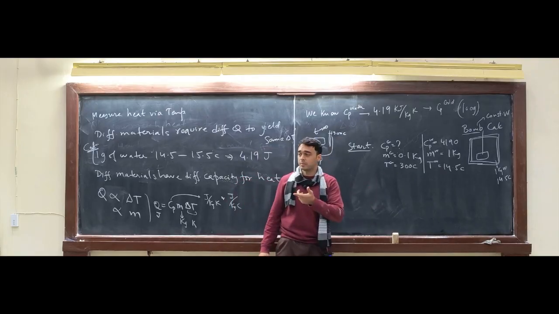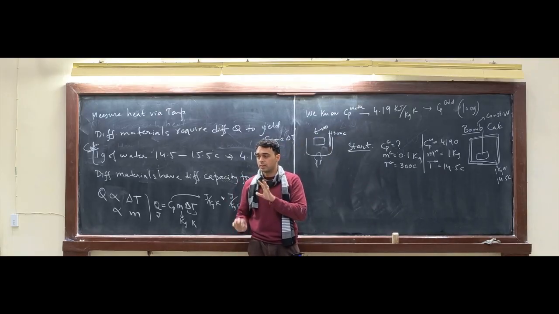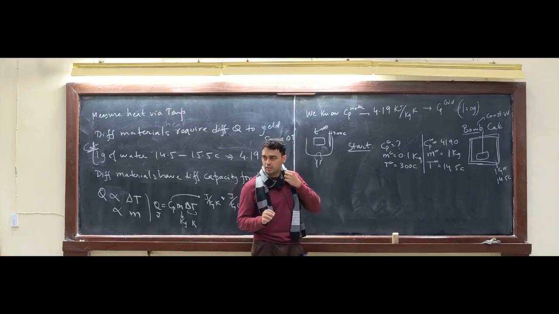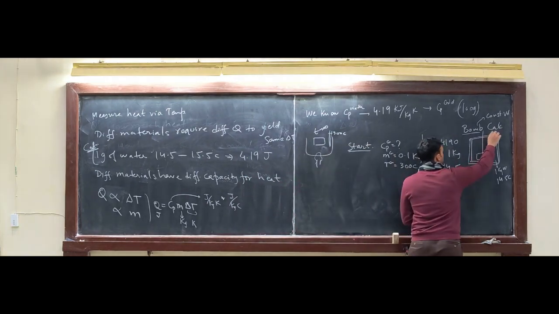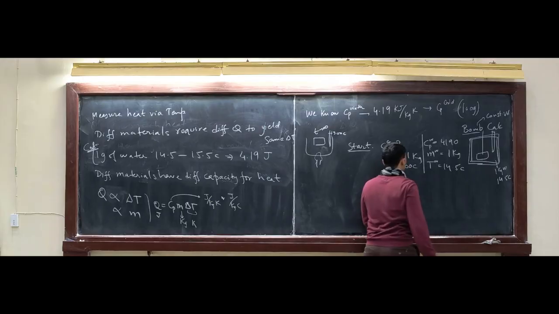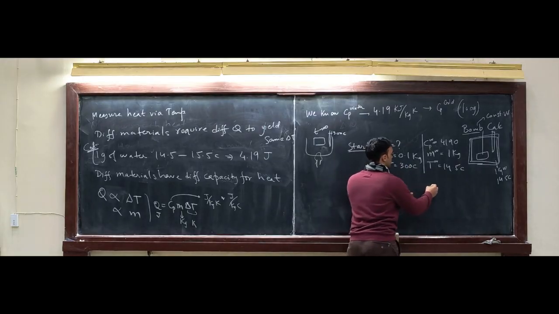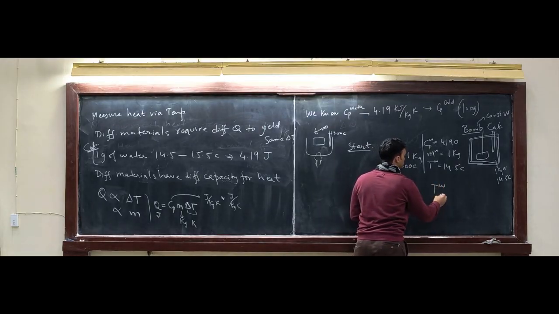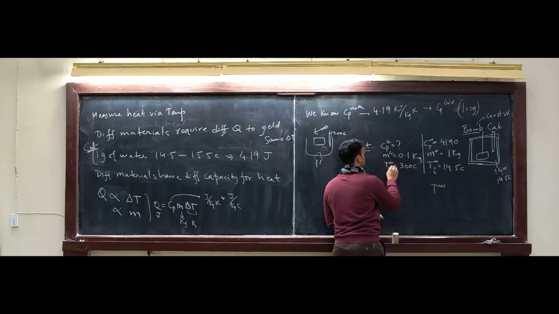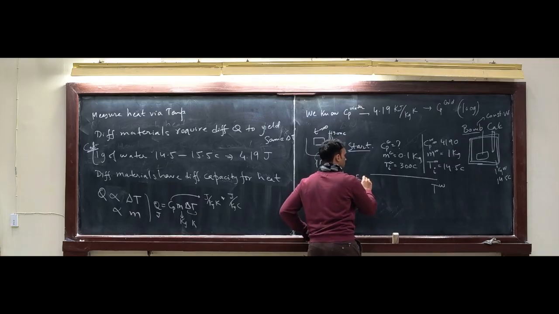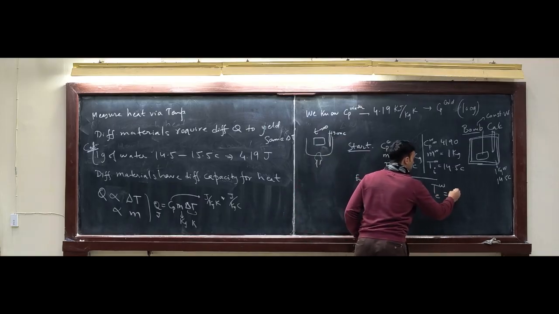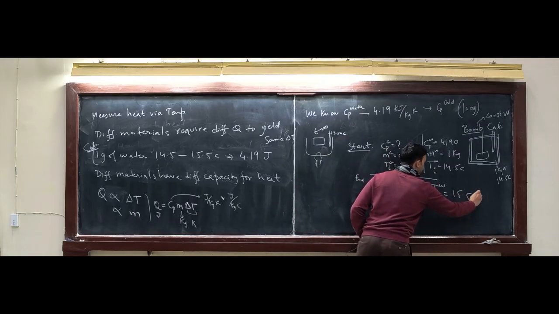Now we'll conduct the experiment. What will we do in the end? We will find the temperature of that calorimeter, so there must be a thermometer. Then we have to write down T of water, initial, and then final. Final is, let's say, 15.5 degrees Celsius.